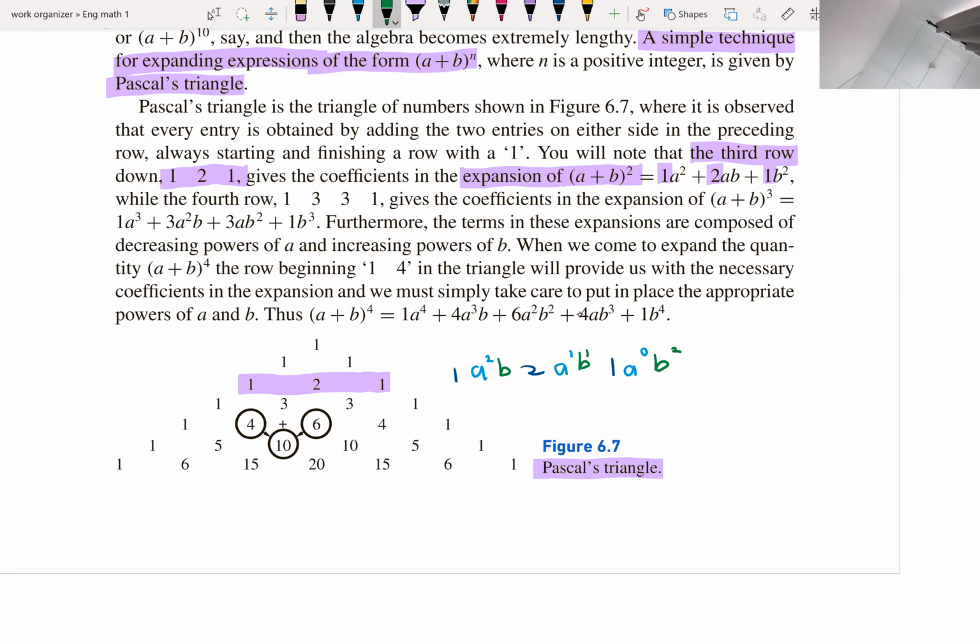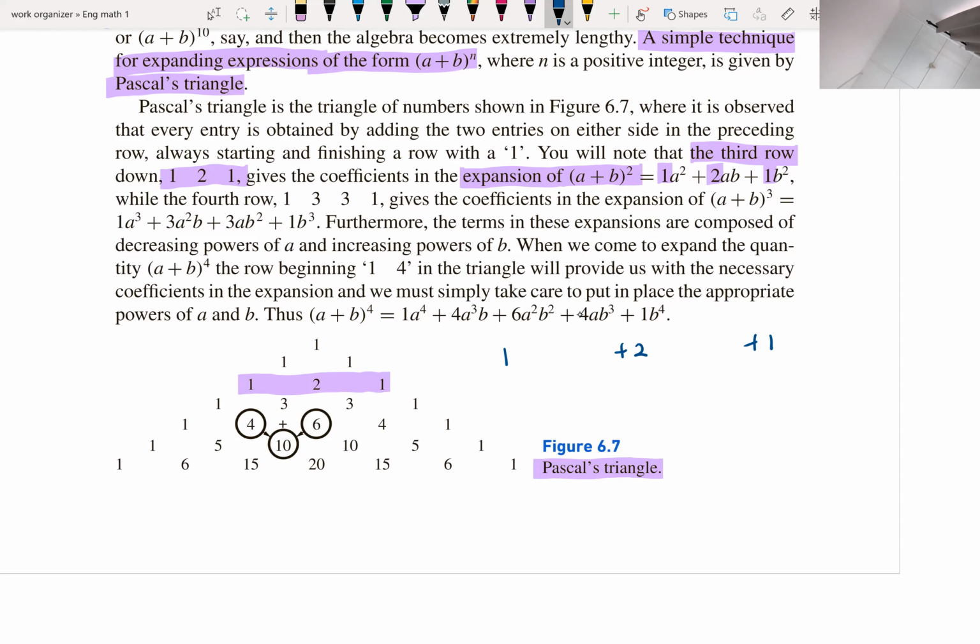What I'm trying to say here, one more time: 1 2 1, that is 1 plus 2 plus 1, is the number given from Pascal's triangle.